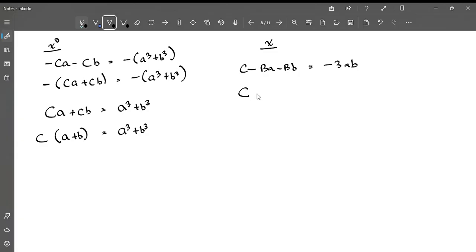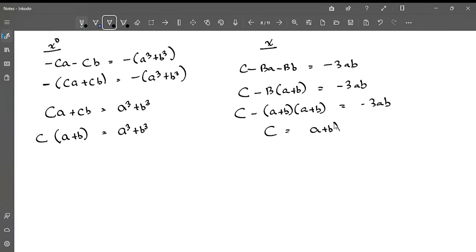Take b out: c minus (a plus b)(a plus b) equals minus 3ab. c equals (a plus b) squared minus 3ab. If you expand this, a squared plus 2ab plus b squared minus 3ab. Basically, c is equal to a squared minus ab plus b squared.